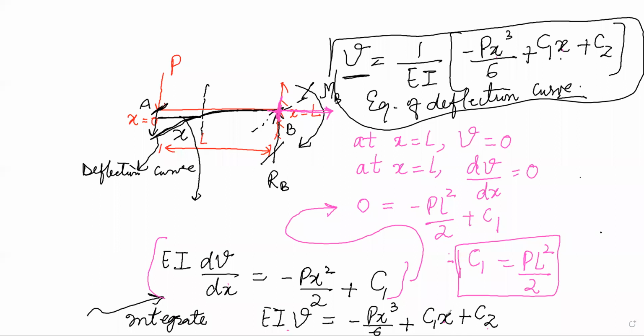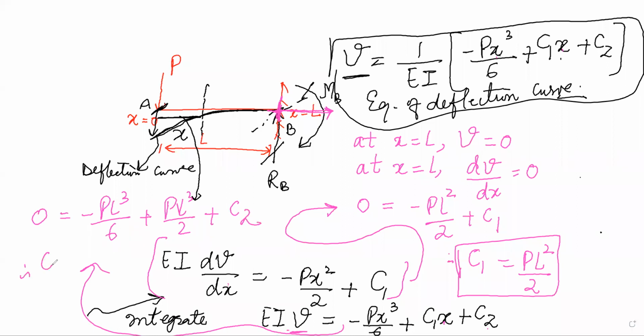For C2, we put x is equal to L, and the deflection at x is equal to L is 0. So using the second boundary condition, EI ν is 0, which becomes minus PL³ by 6 plus C1 x, with C1 equal to PL² by 2 and x equal to L, that is PL³ by 2, plus C2.